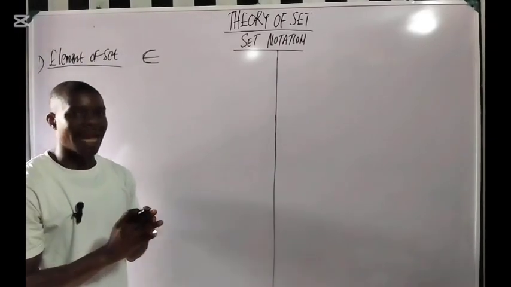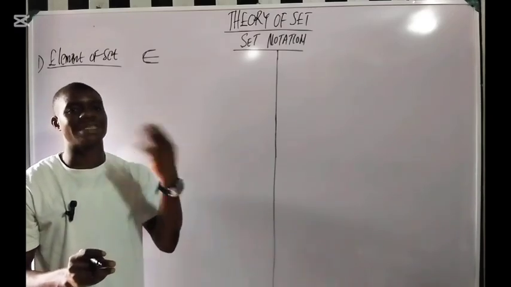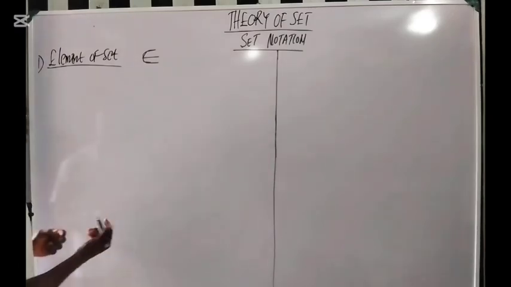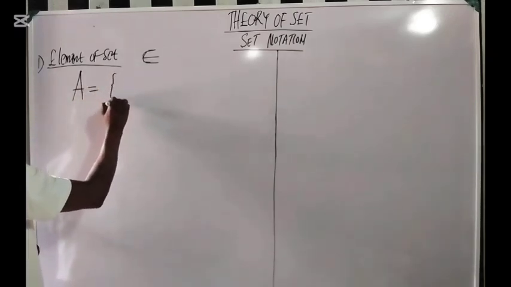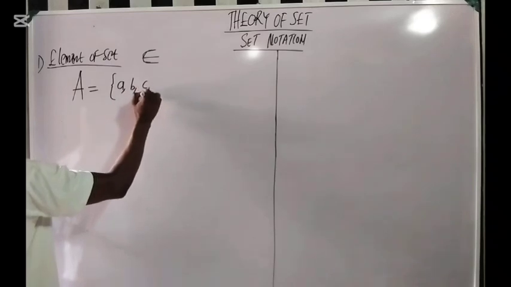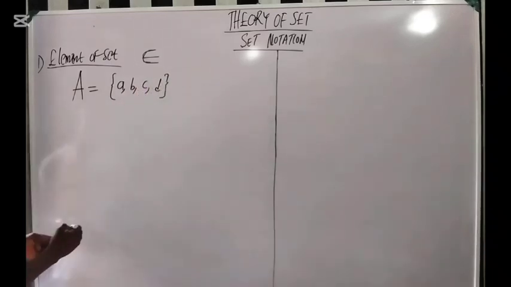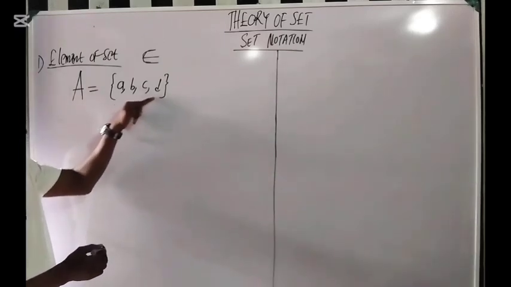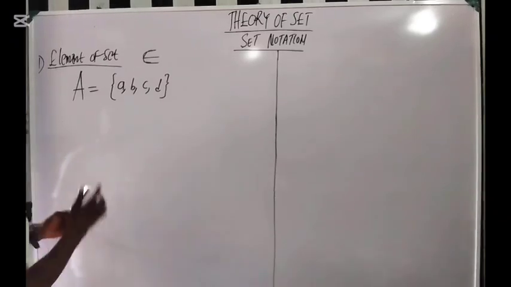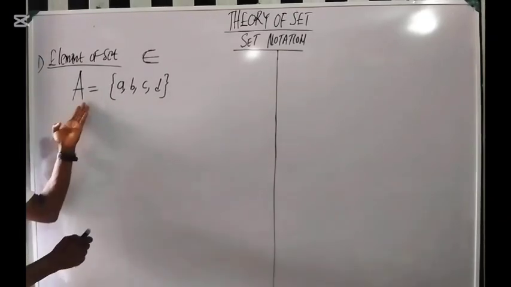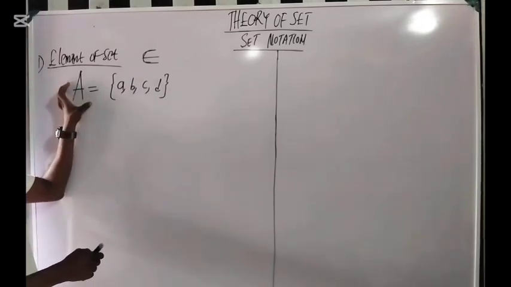So a given element is part of a set. For example, if you have A as a set containing a, b, c, d, how do you represent that these members are elements of A? Small letter a is an element of this set here.